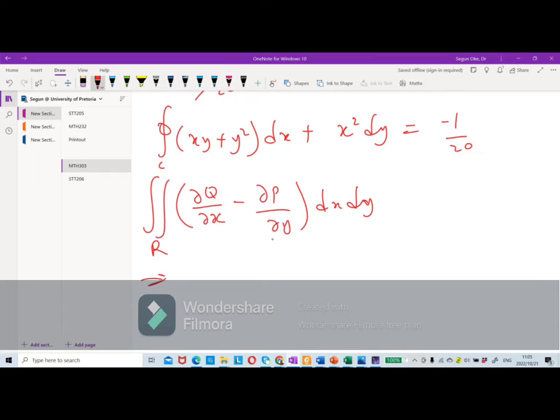So in this case, what do we have? Let's check the q dx first. Remember the equation. Which one stands for the q? Q is x squared, you said? Yes, q is x squared. Right? Okay.